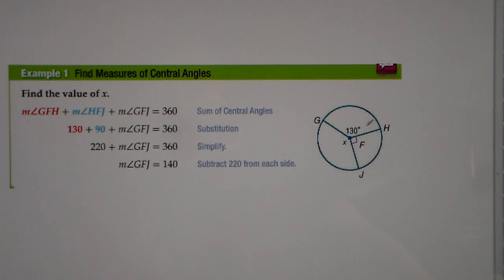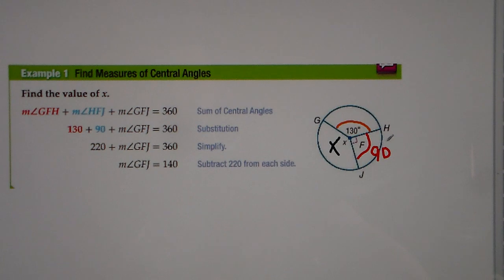So now an example, once again, here's another one. So this orange angle is 130 degrees. This angle right here, I'll make it red. We see that there's a little 90-degree box, so that red angle is 90 degrees. Find the value of x.